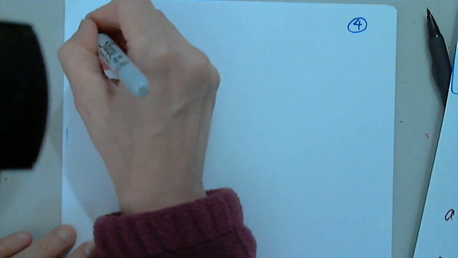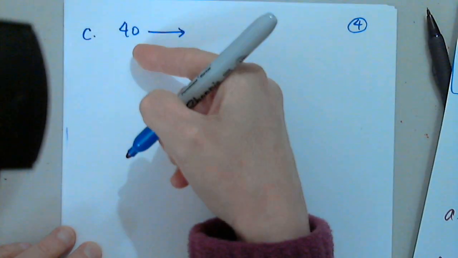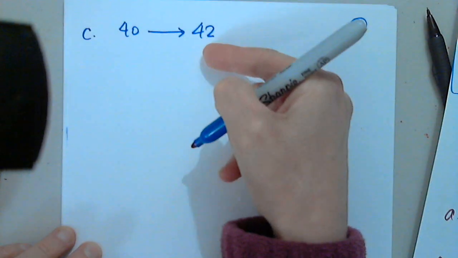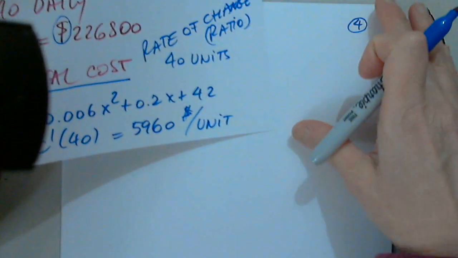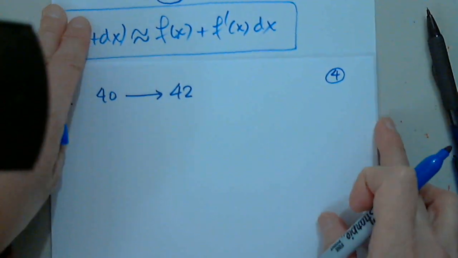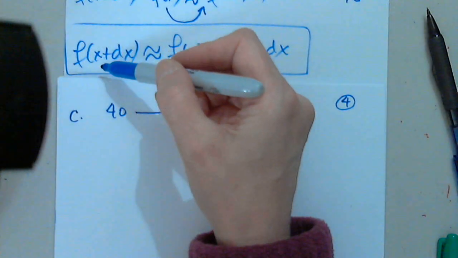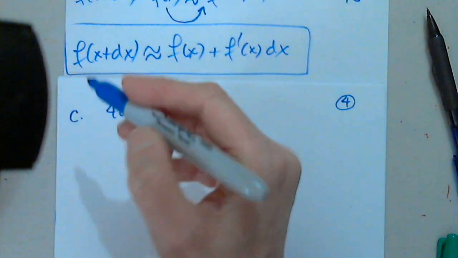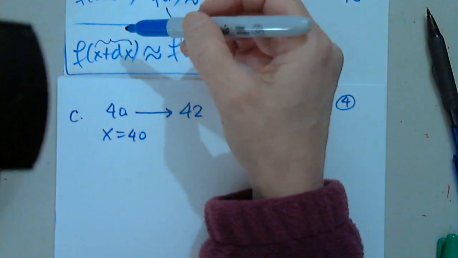So in part C, we no longer want to produce 40 per day, but we want to produce 42 per day. X was 40. But now we want 42.